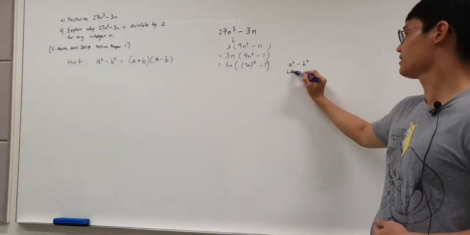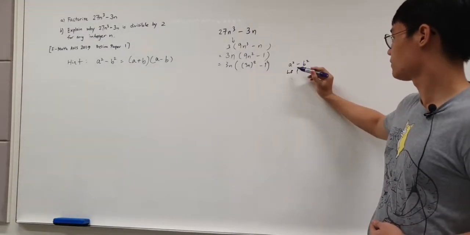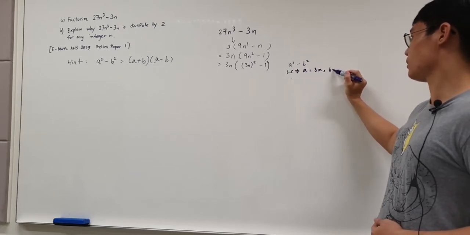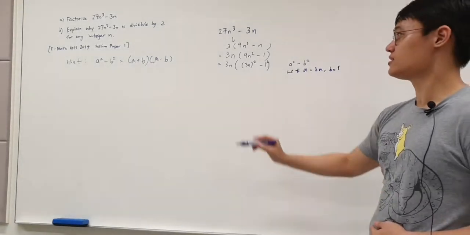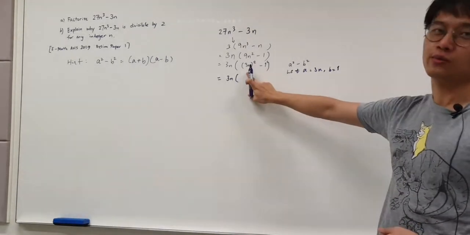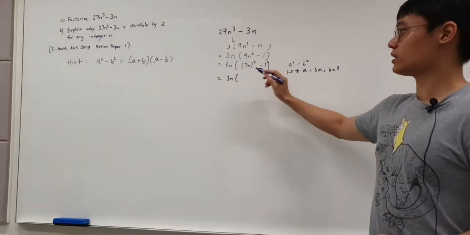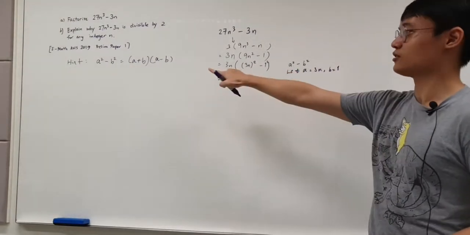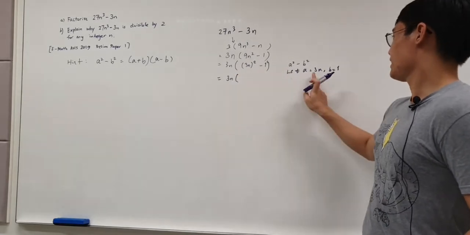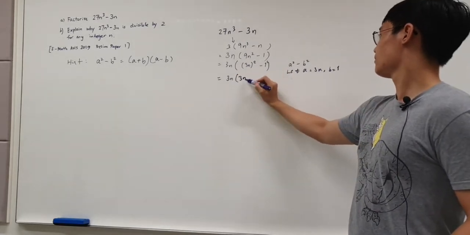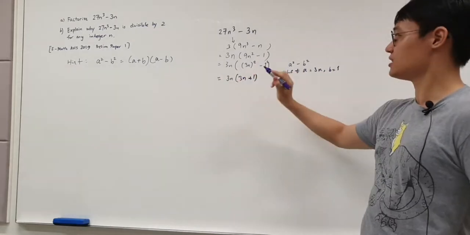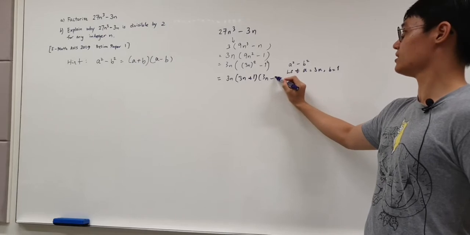Let a equal 3n and b equal 1. This is how we can expand 3n squared minus 1 squared. We just plug this in. A plus b, where a is 3n and b is 1, and for the other side, a minus b is just 3n minus 1.